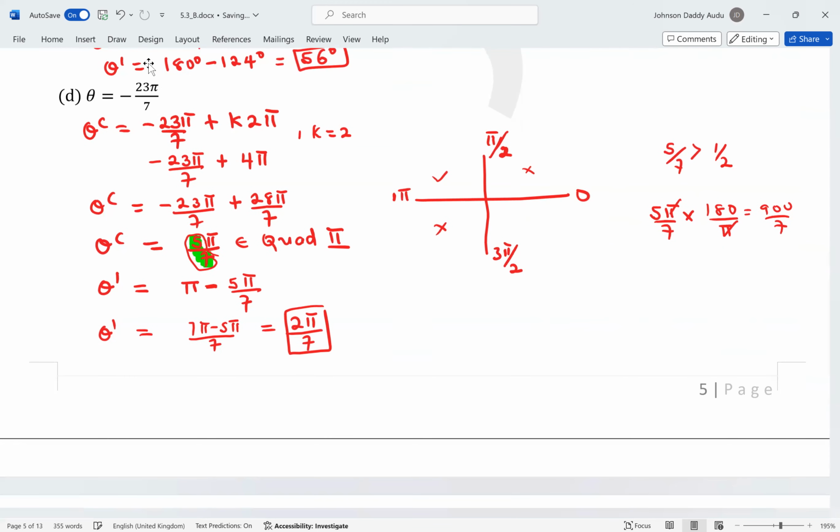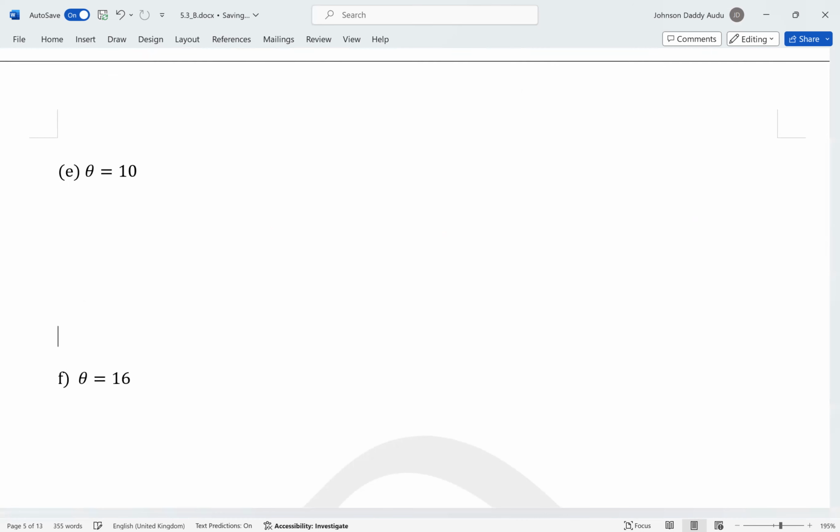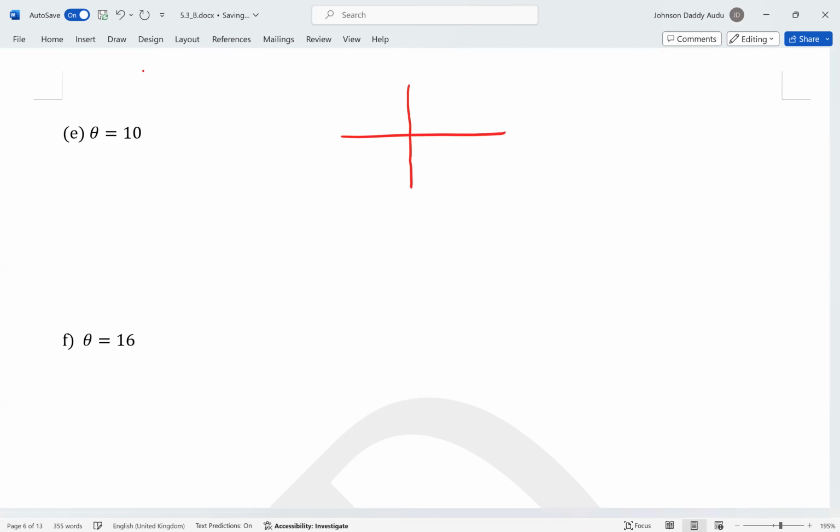All right. Then for this E and F, you see that these are all in radian. But here, since there is no pi, we know it's radian. Now, we have to know the quadrants. Here, remember, this is pi over 2.